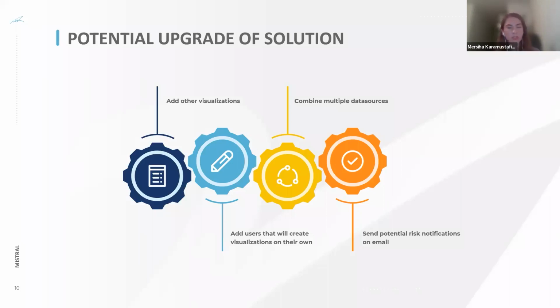For these particular solutions, we could add other visualizations that will display, for example, the number of absences or some other pretty important information for a particular department. In our case, it's the human resource department.